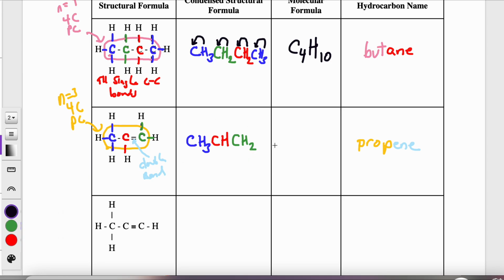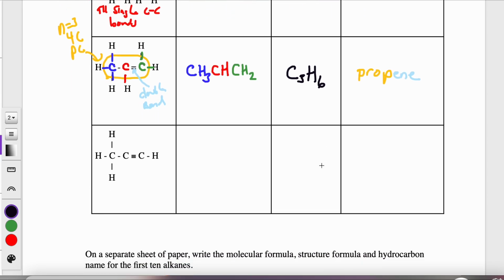And now the molecular formula. So when I take a look at this full-blown, 1, 2, 3, 3 carbons, and the number of hydrogens, 1, 2, 3, 4, 5, 6. So 6 hydrogens. Here we go. Last example here. So here is our full-blown structure.